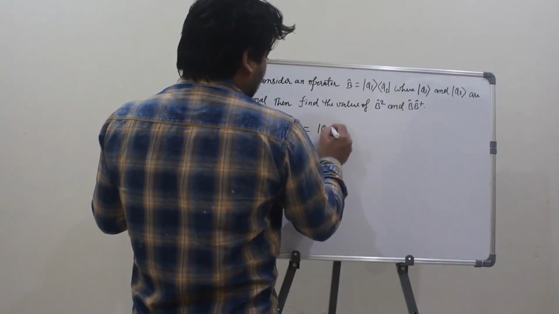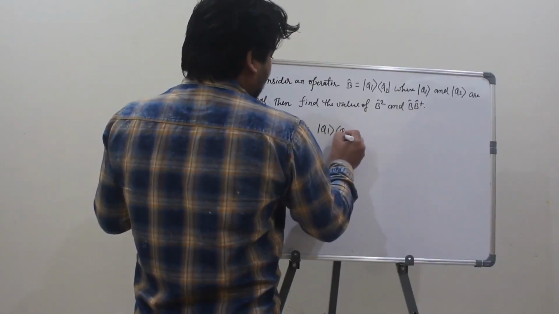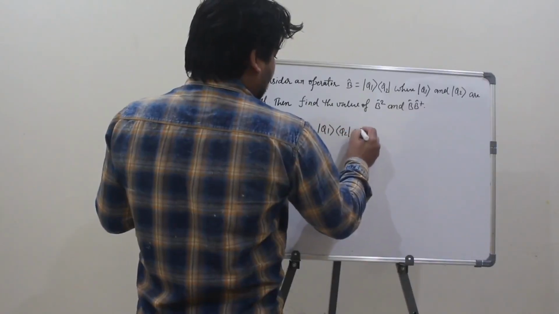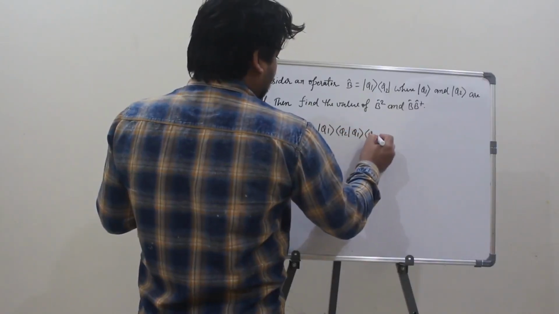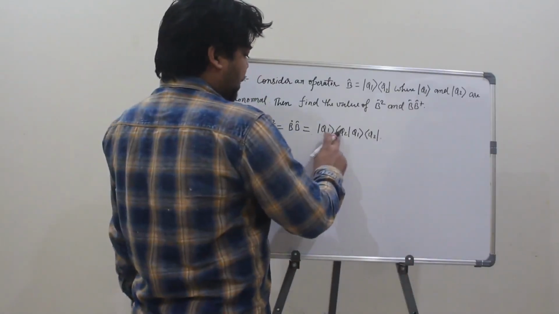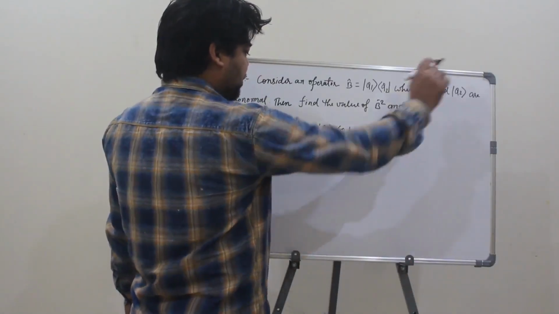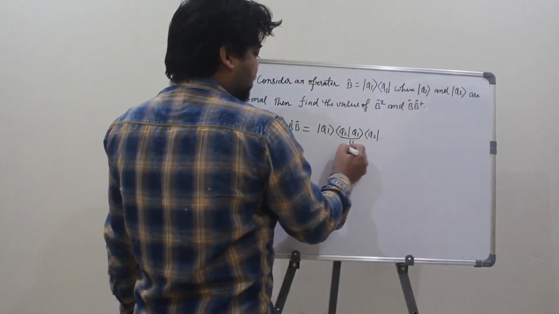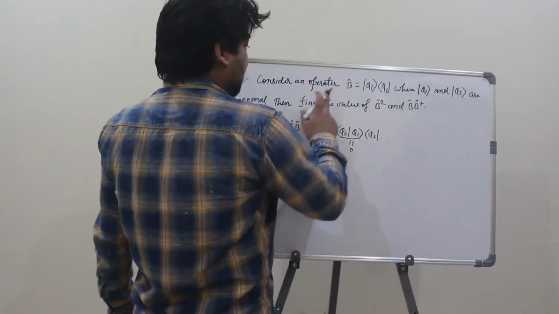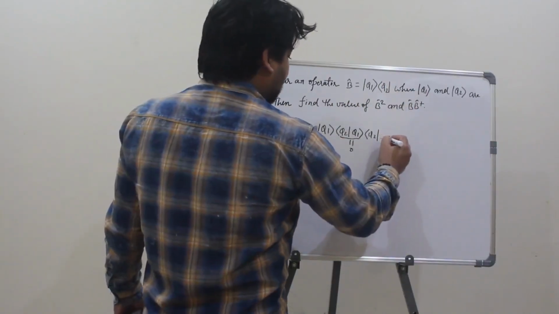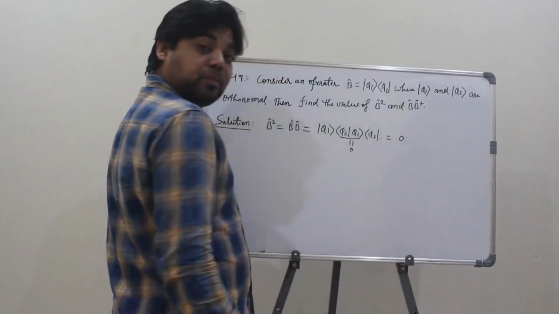Remember that they are operators and they are multiplied in order. So phi1, phi2, phi1, phi2. But the inner product of phi2, phi1 is nothing but 0. As they are orthonormal, this is 0.